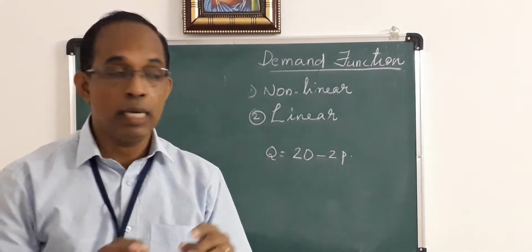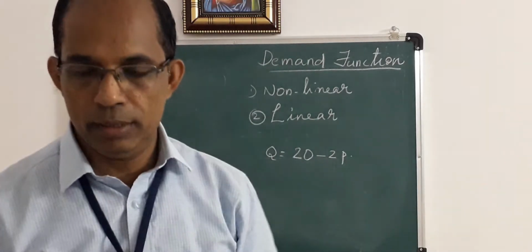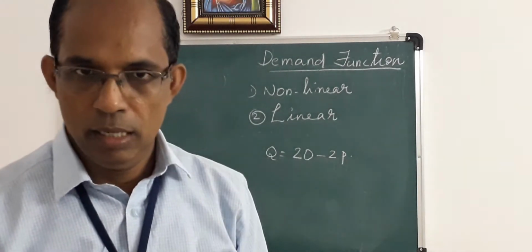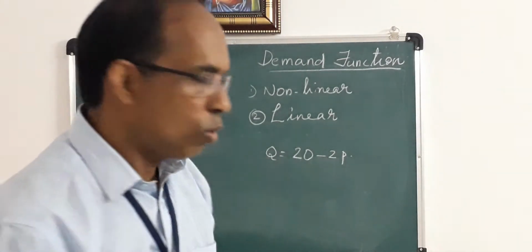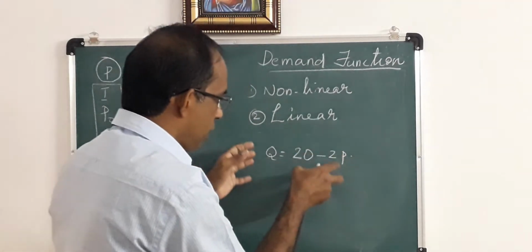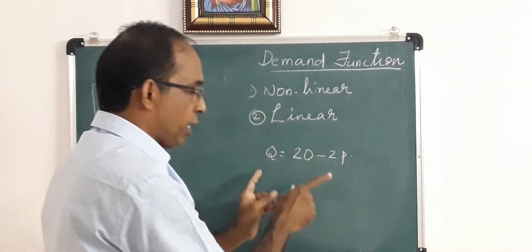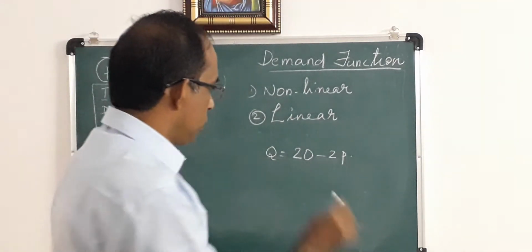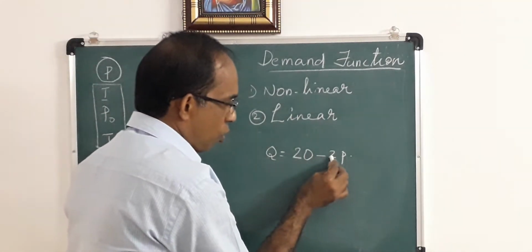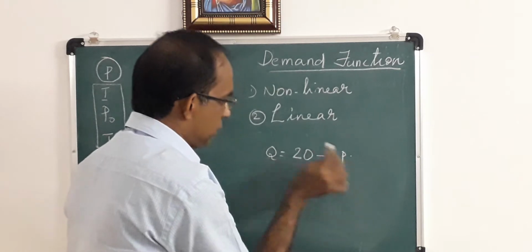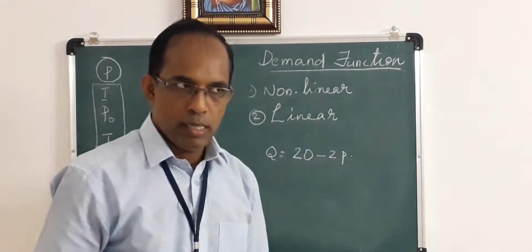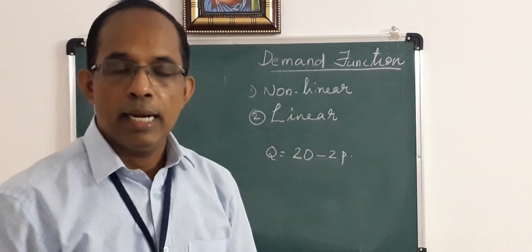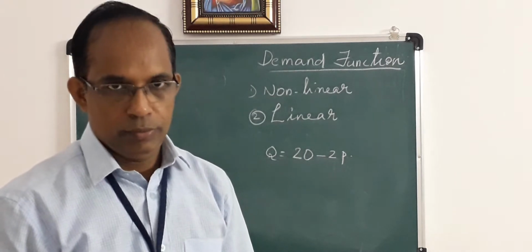This may not be the same for all consumers. That may vary. It is only a linear demand function of a consumer HUMR. And this is called A, this is called B, this is price and this is demand. Then how can we draw a demand curve?